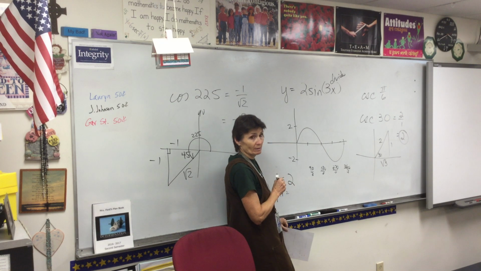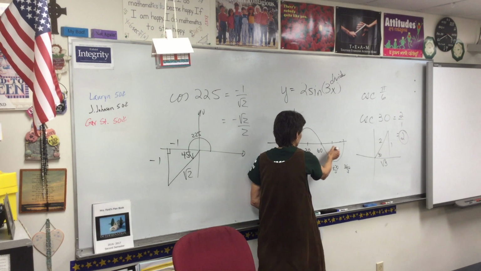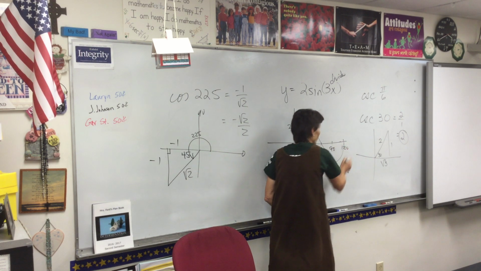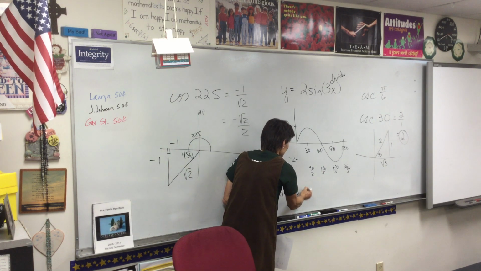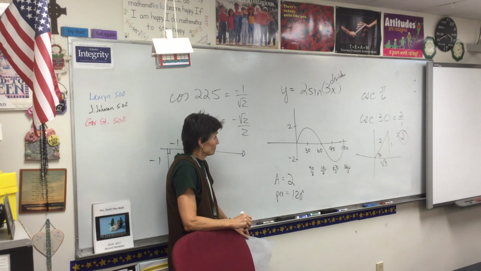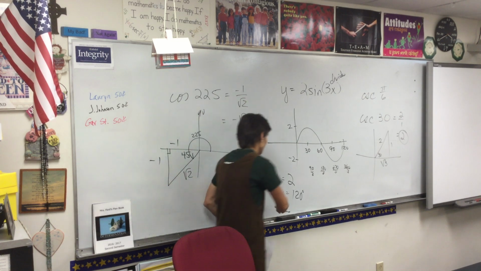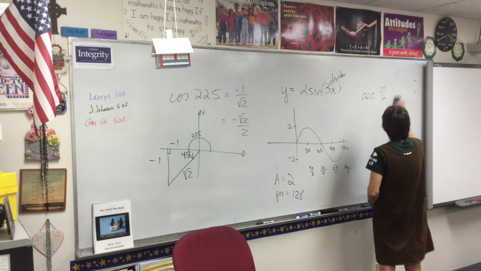Which means the real labels are 30, 60, 90, 120. Which means my period is 120. Anyone have a question about that? No.